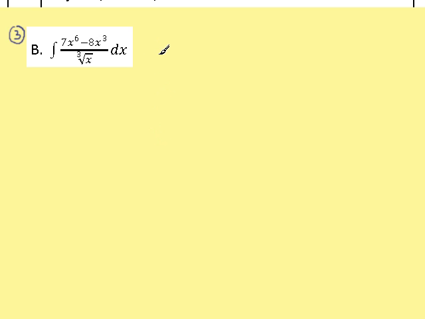In 3b, again, we can use the power rule if we divide through by x to the 1/3. So let's write that denominator as x to the 1/3. And let's start our division.